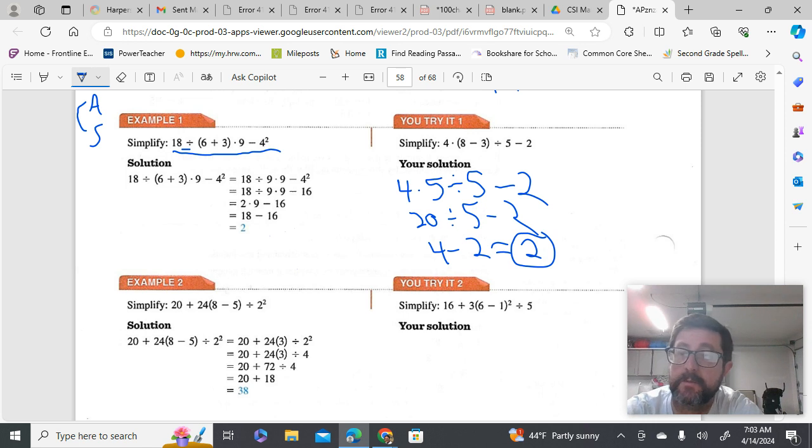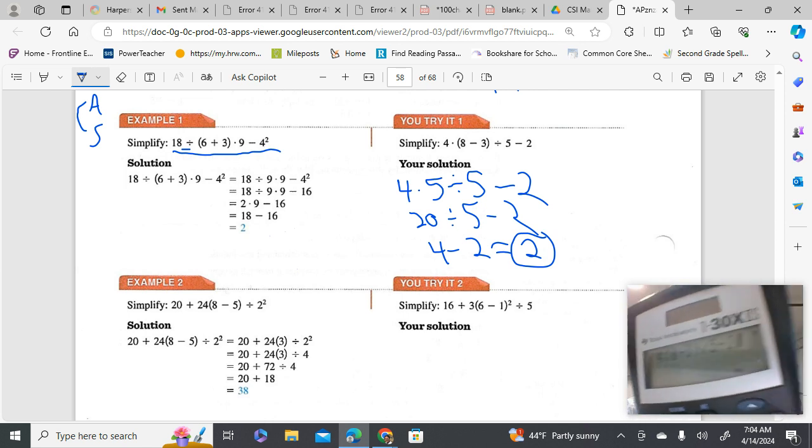Some calculators you might have to put in the times key, but I don't think you do on this one. 4 times 8 minus 3, end parentheses, divided by 5 minus 2.